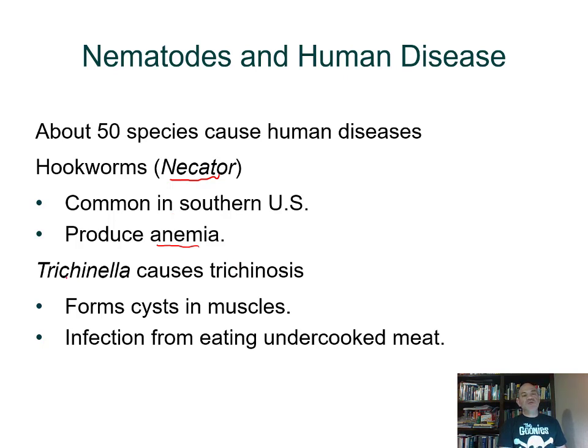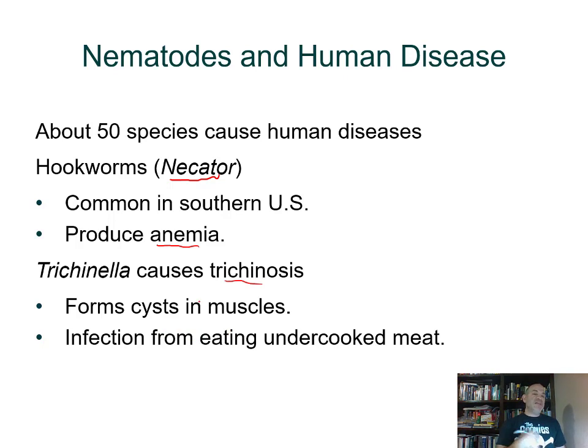There's another one called Trichinella. This genus causes trichinosis. And in this one, the larva forms cysts in muscles. There's an image that'll show that to you here. So let's say you eat, say, a pig or pork, or even some other kinds of animals that have this parasite encysted in their muscle.